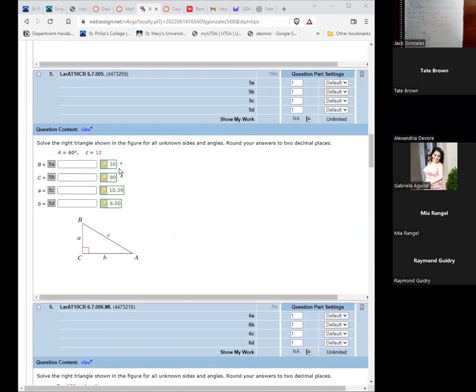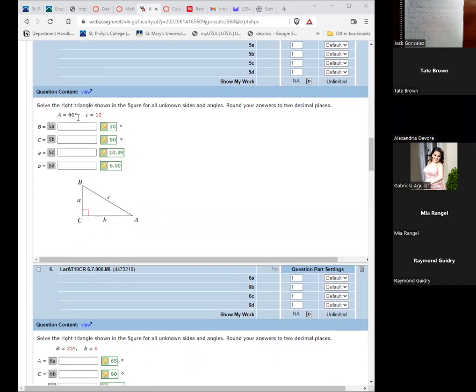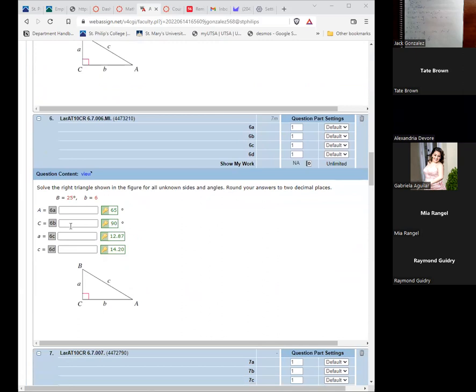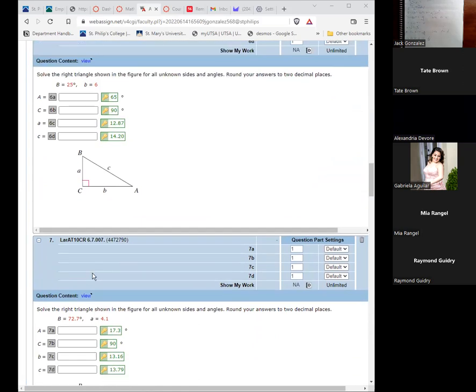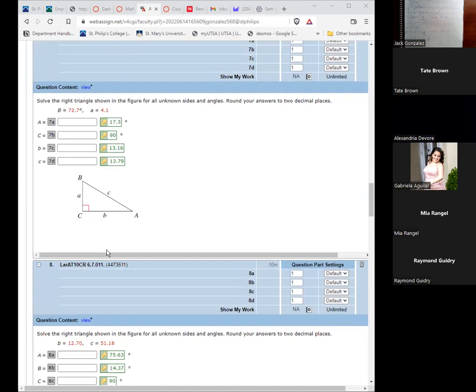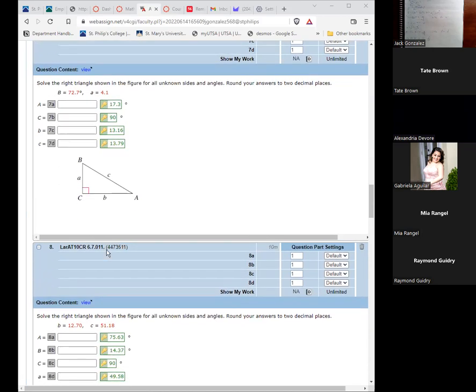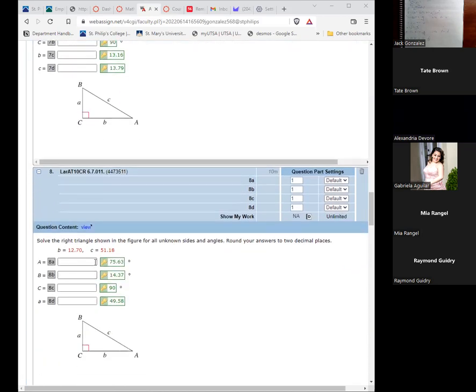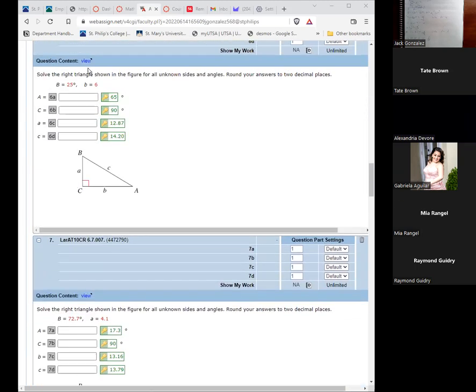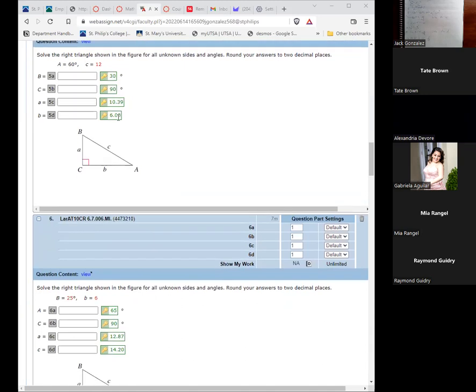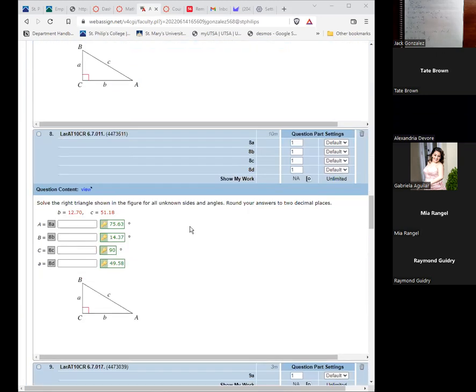So that we did number 5. Check this one out. It only has sides. All of these have an angle and a side. So let's do this one. It looks different. Number 8.